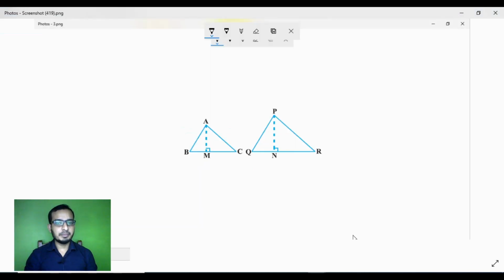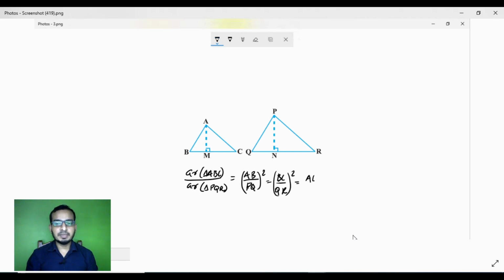If triangle ABC and triangle PQR are similar, then we can write area of triangle ABC by area of triangle PQR is equal to AB by PQ all square, is equal to BC by QR all square, is equal to AC by PR all square.